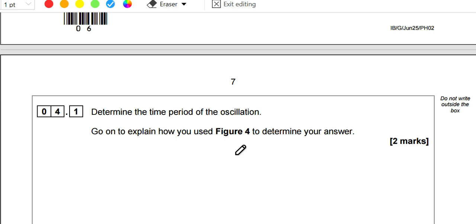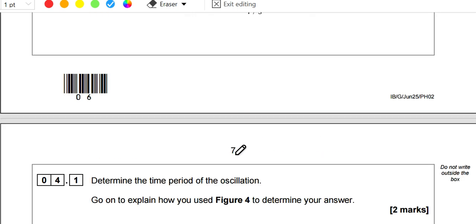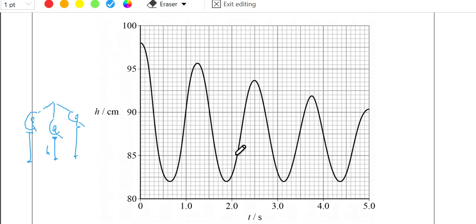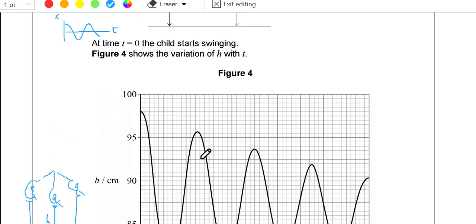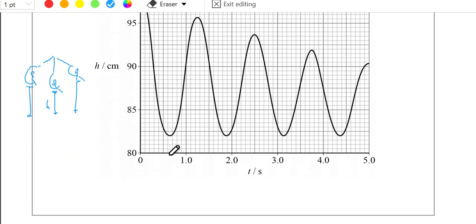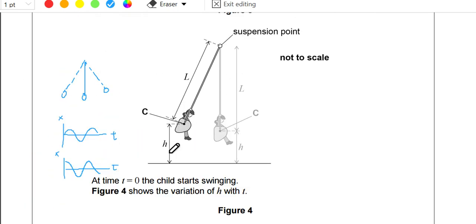Determine the period of oscillation and explain. Many students firstly think that it is just the time between peak and 1.25, but you should note that in a simple pendulum, when we draw a graph that looks sinusoidal like the graph here, it is between the horizontal displacement, okay, and the time.